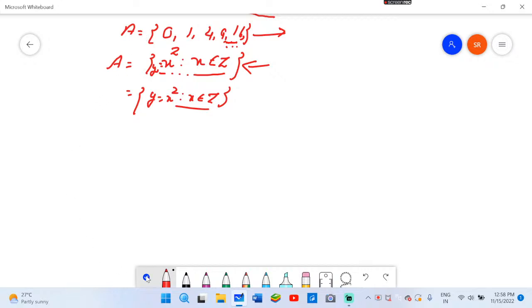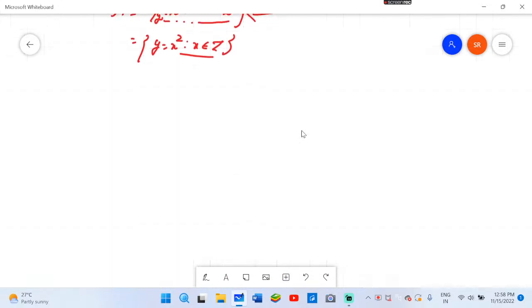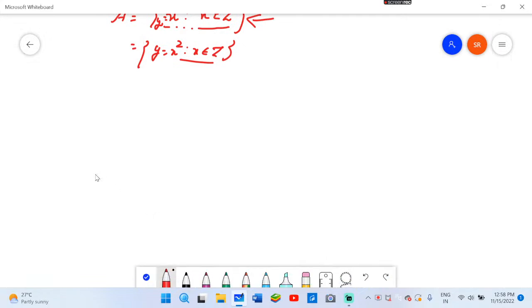Now we take some problems to clarify the concept further. The question is, describe the following sets in roster form.